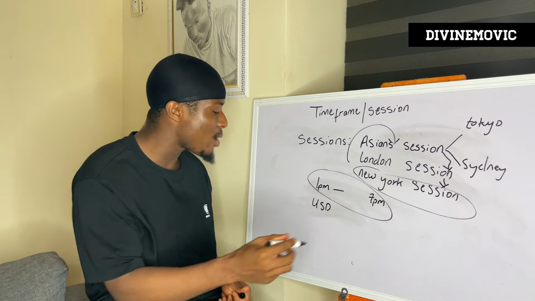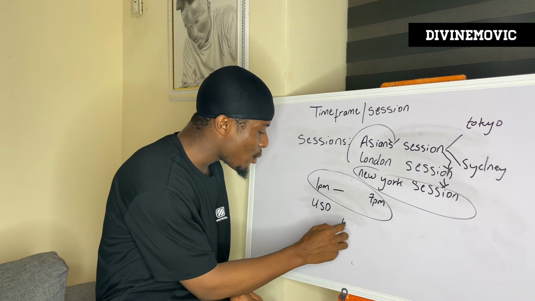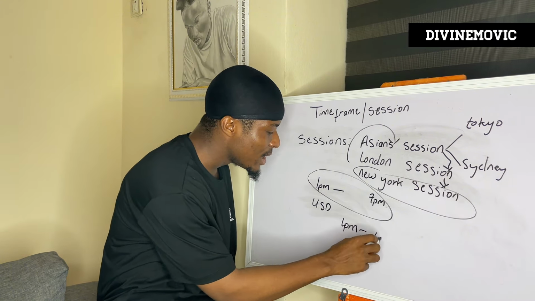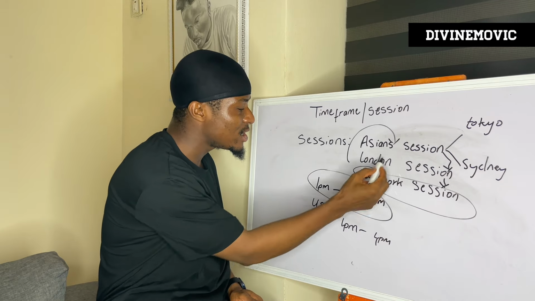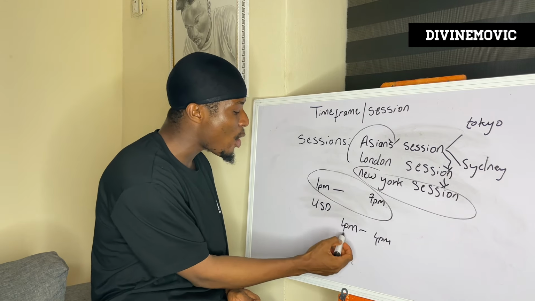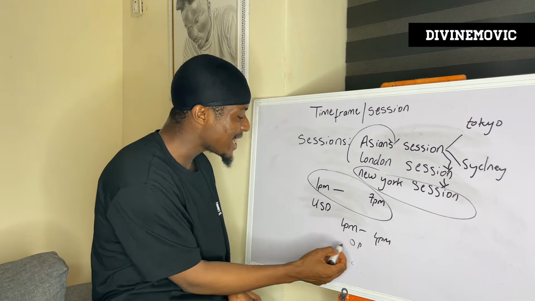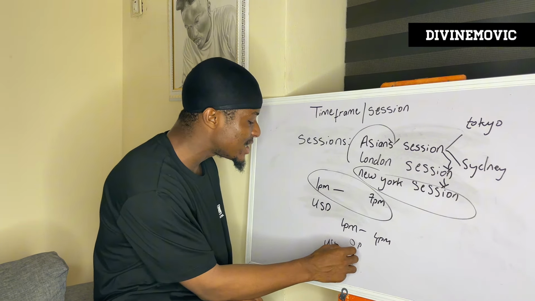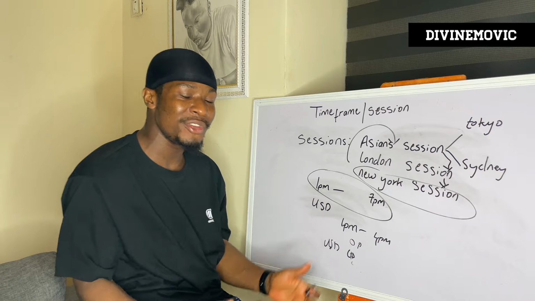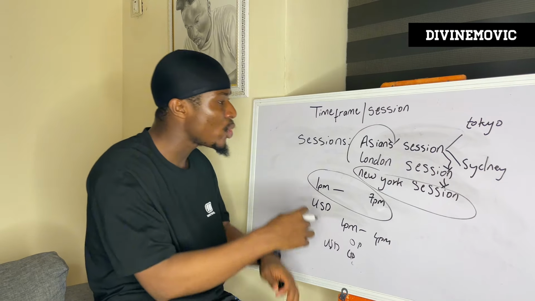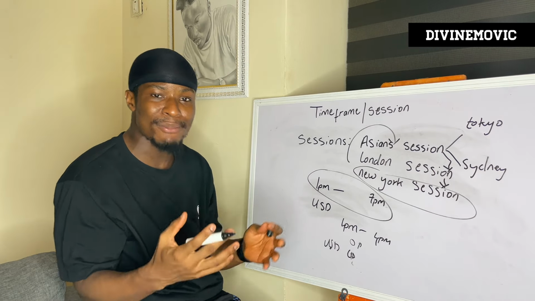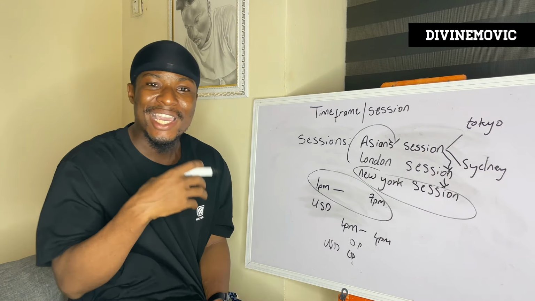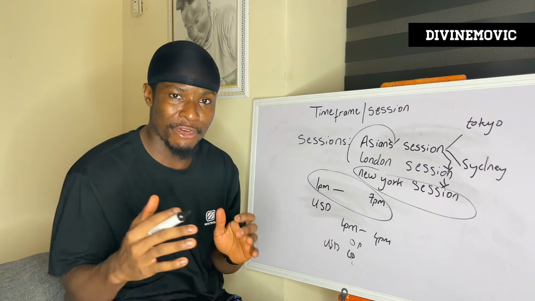That means during the hours of 1 p.m. to 4 p.m., these two sessions are overlapping. That means they are open at the same time, which means that every pair that has USD and GBP is likely going to be moving very fast at this time. So sessions are simply what tells you the time that a particular currency pair is likely going to move very fast or be very volatile in the forex market.